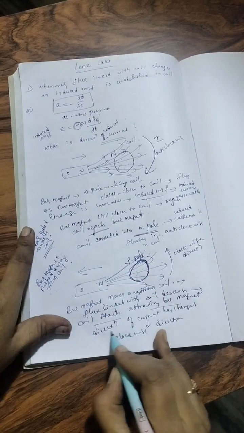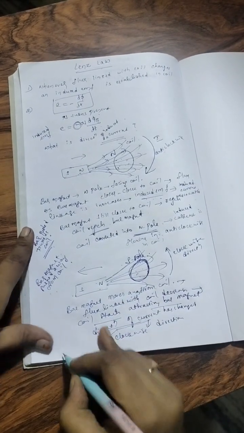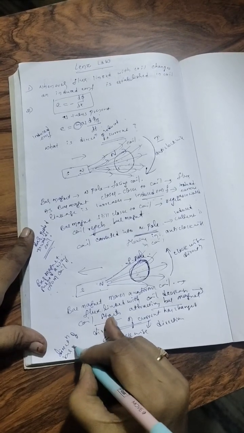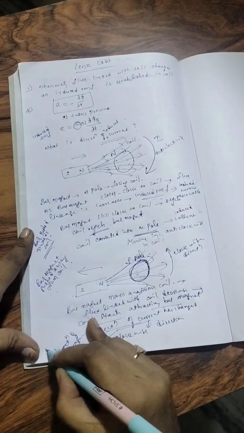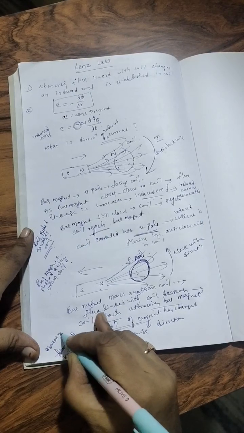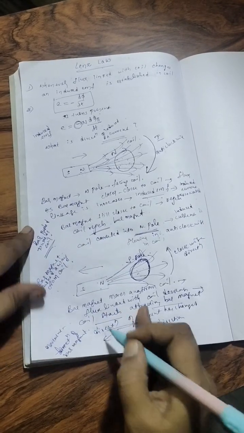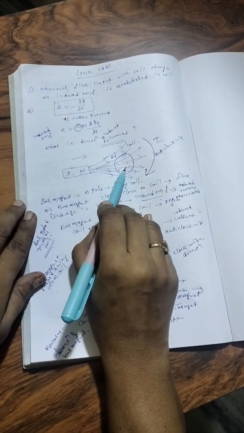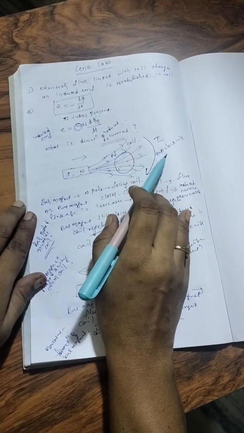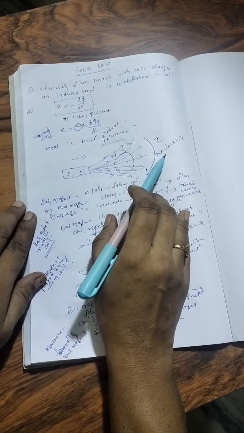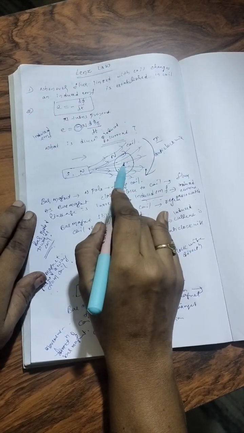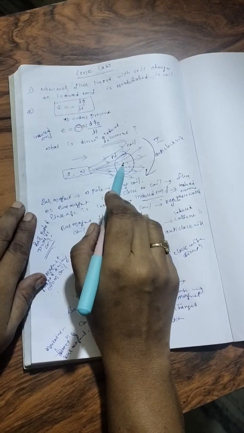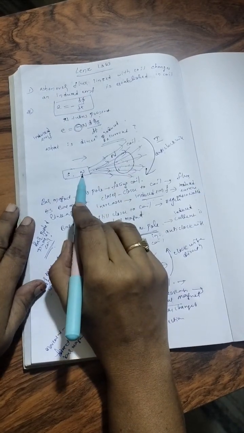Okay. Now the direction of current totally depends upon the movement of the bar magnet. The exact word, the movement of the bar magnet. So when the bar magnet is moving towards the coil, the induced current generated will be in an anti-clockwise direction and the coil converts into a north pole, and there will be repulsion between the north pole of the coil and the north pole of the bar magnet.